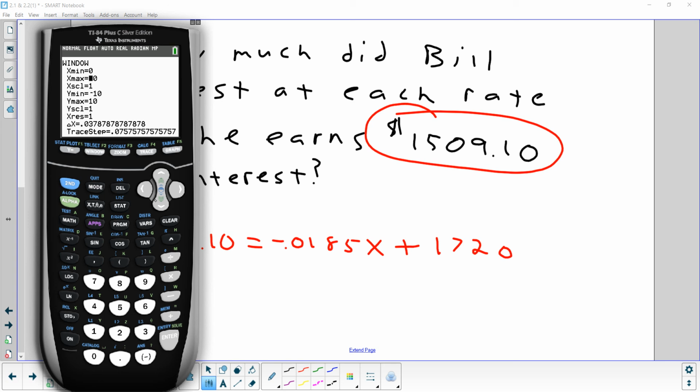What about x max? What should I set my x max to? There's definitely an x max in this problem. There's no negotiation on what x max should be. It has to be something specific. Yep, John? So the x max would have to be greater than the y-intercept, right?